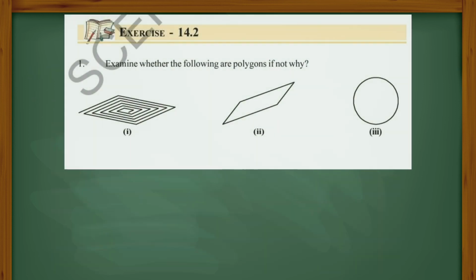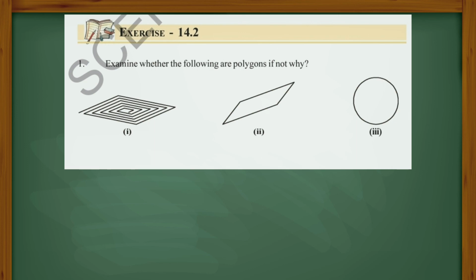Now come to exercise 14.2 given in your textbook. Observe it carefully. The first problem is: examine whether the following are polygons. If not, why? Observe the figures carefully, children. You can identify very easily.